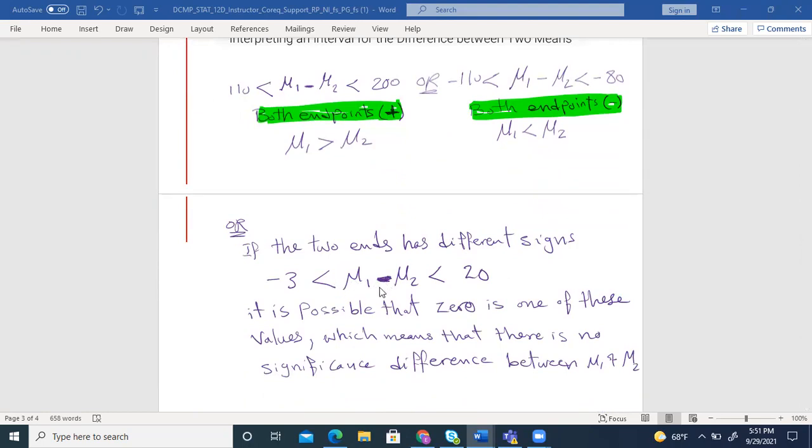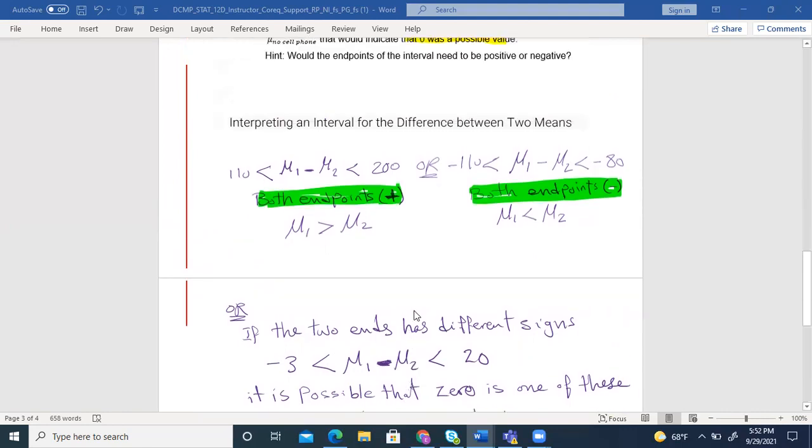I could have the difference here, but the left end is negative and the other end is positive, which means that zero could be one of these values. And since zero is one of these values, the difference is nothing, or that means the two means are almost the same and there is no significant difference.